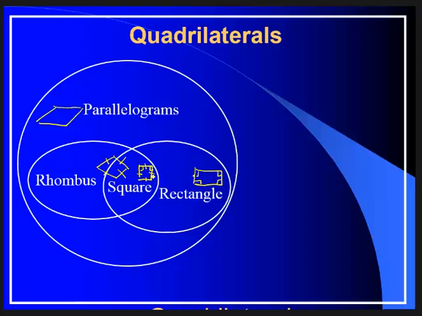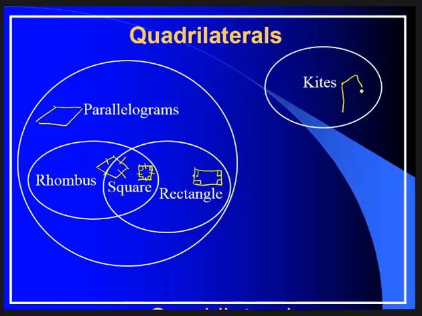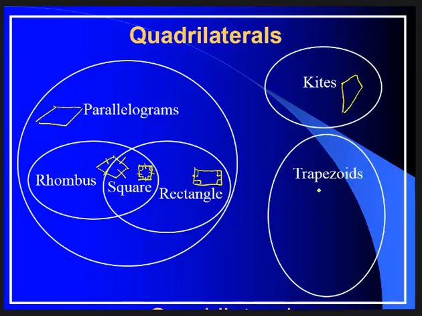It's getting messy in there. Then we had some four-sided objects that were not parallelograms. They did not have two pair of parallel sides. One of those is the kite, which we just learned doesn't have any parallel sides. None of those are parallel. And then we had the trapezoid.